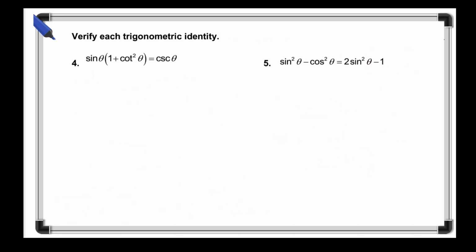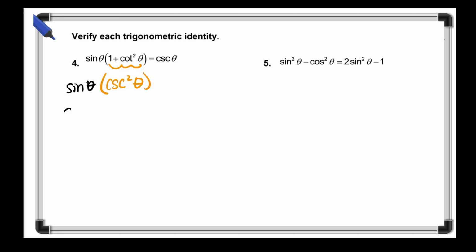Okay, in number 4, what we're going to do is go ahead and verify. So remember, verifying is just making one side of your equation look like the other. What I can see here is I have an identity. This is the same thing as cosecant squared, and I'm going to bring down my sine of theta.